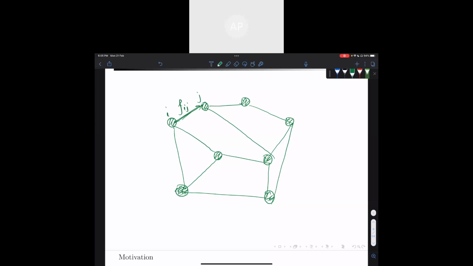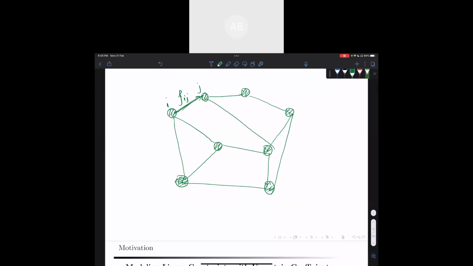Okay, sure. So what happens in simplex or linear programming problems, and even in discrete optimization? Let's say this is your polyhedron. These are extreme points of the polyhedron.